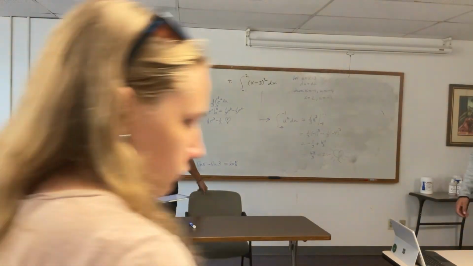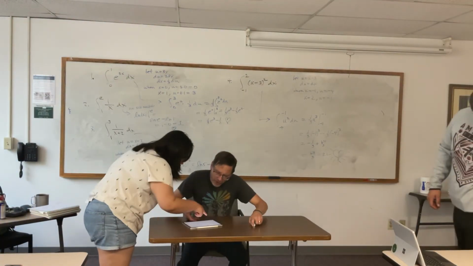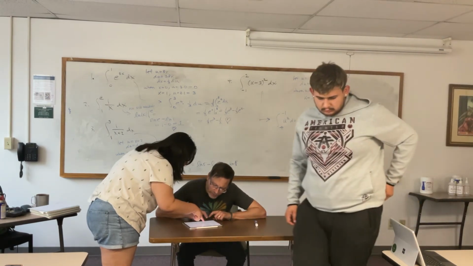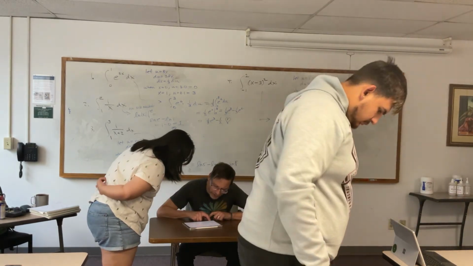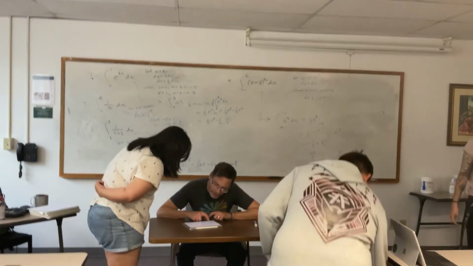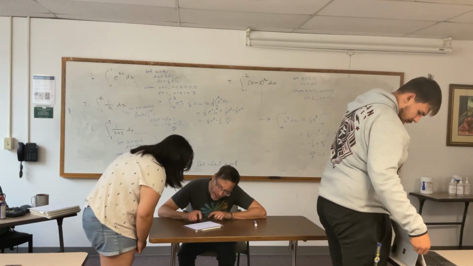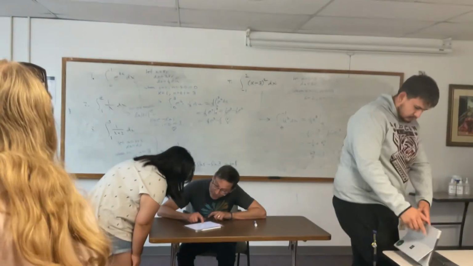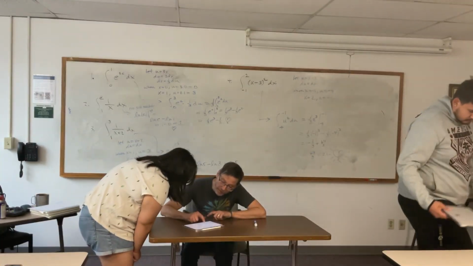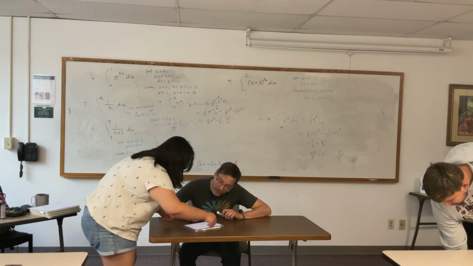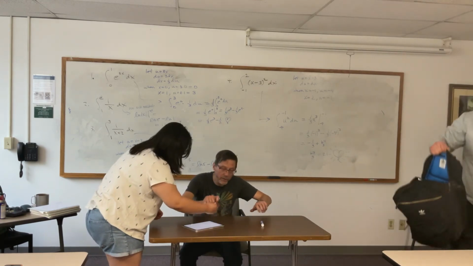Look at it real quick? I just got it. Okay, so that was the right move. So you still need to convert that to a half power. So that becomes, oh, thank you, cool.